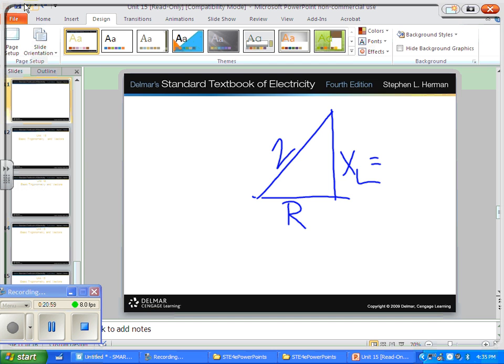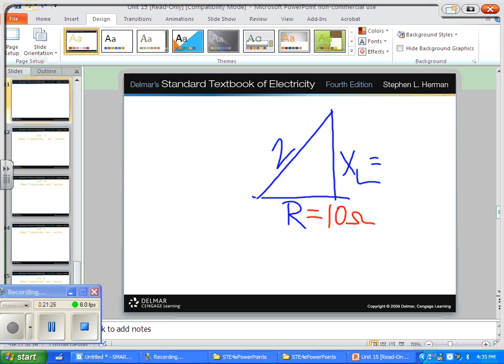But the X sub L is measured in ohms, so it makes it a little confusing. But let's say that we have this really long winding of wire, actually a couple of windings of wire that are connected together, and we call those windings a motor. Whoa, what a concept. And let's say that that motor winding has 10 ohms of resistance.